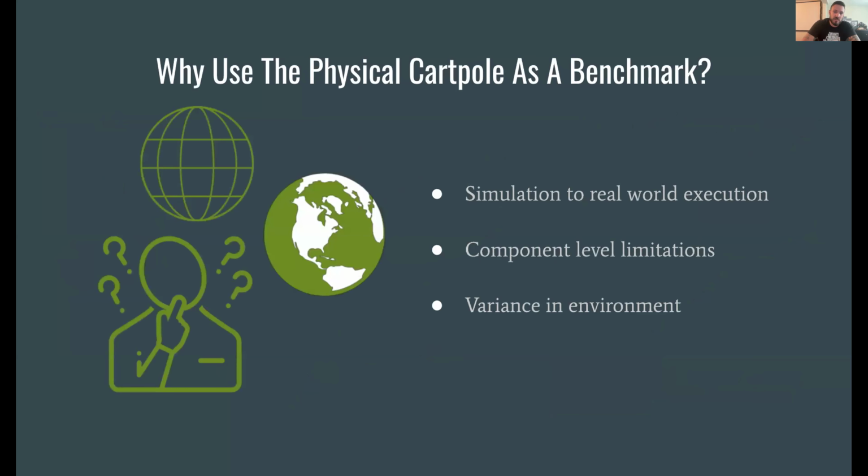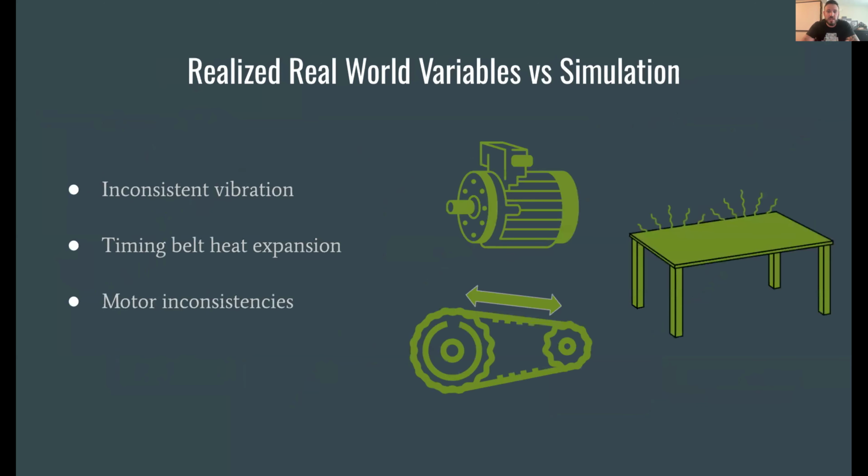And why bring the physical one in? The physical one brings in a lot more realistic challenges like sensor noise and the environment, given that the rails are moving. And some of the things that we actually realized were like mechanical wear.